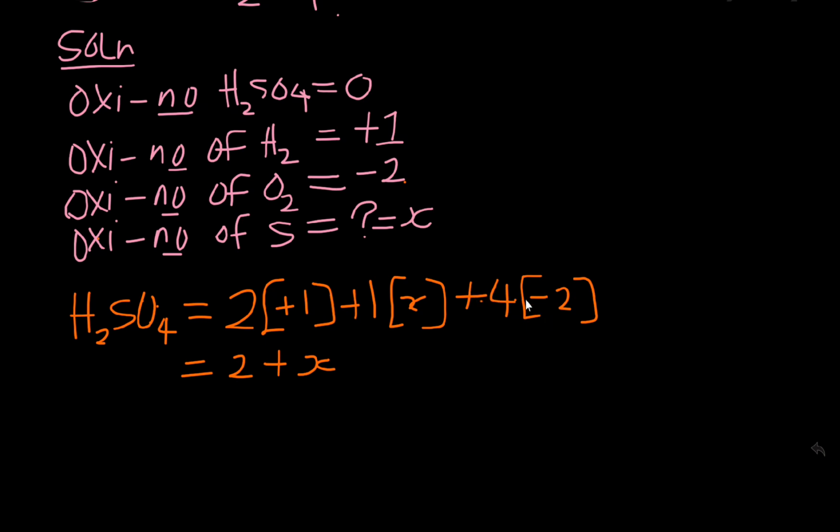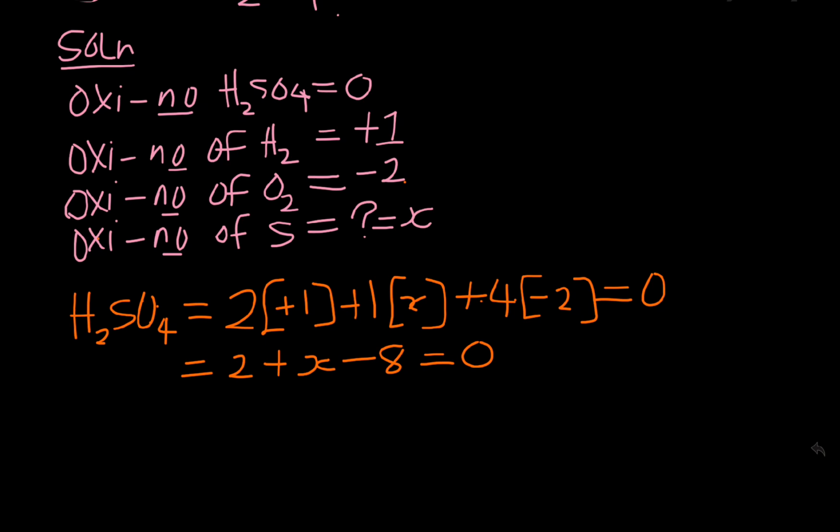Here it is, this plus 4 times minus 2 in the bracket here. You punch your calculator, you would arrive at minus 8. Now, we're supposed to equate everything to 0 here. So everything here becomes equal to 0.